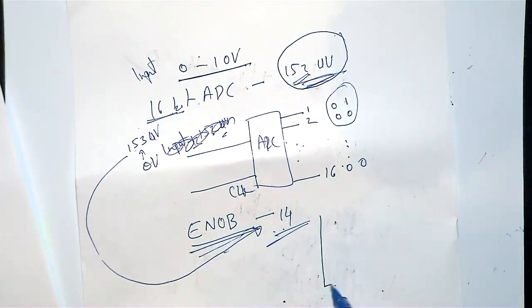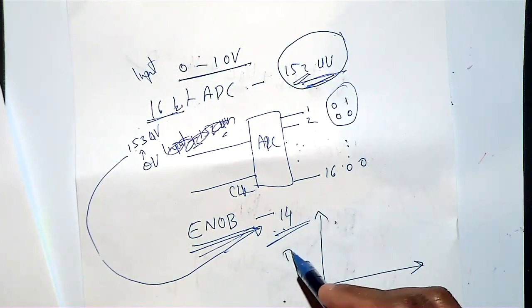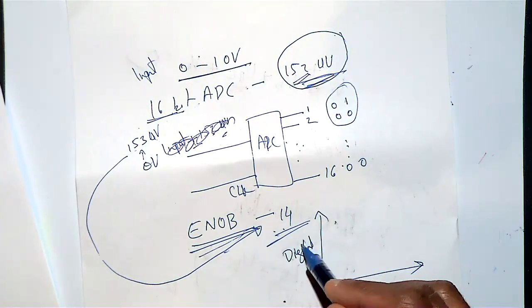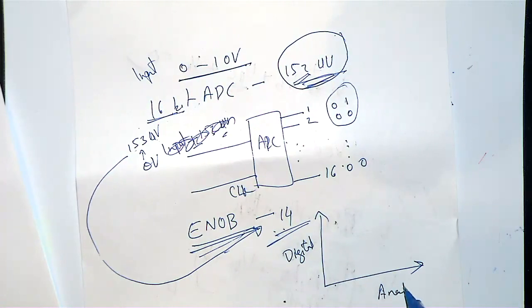So 152 means when we plot it, this is the digital and this is the analog, and this is 152, and then this is 304, and then here is 304 plus 152, and then here is 304 plus 2 times 152, and so on.